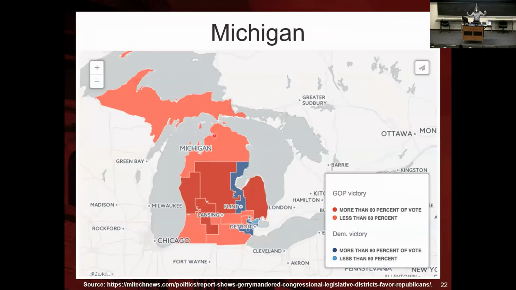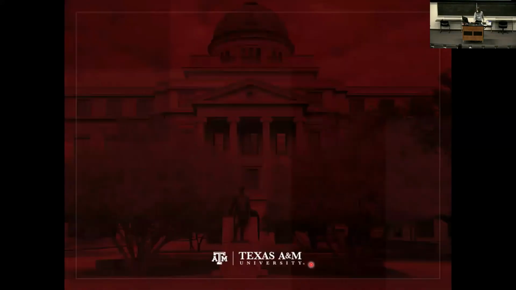So you have more Republicans in the state legislature in Michigan than Democrats, okay? And here, dark red is more than 60% of the vote for Republicans, light red less than 60%, and the same thing for Democrats, dark blue and light blue.